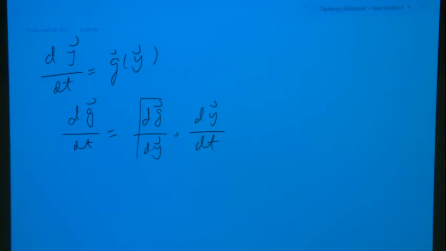Of course, this is a matrix and this is a vector. So this matrix is our Jacobian. And this guy, by definition, is the reaction rate.